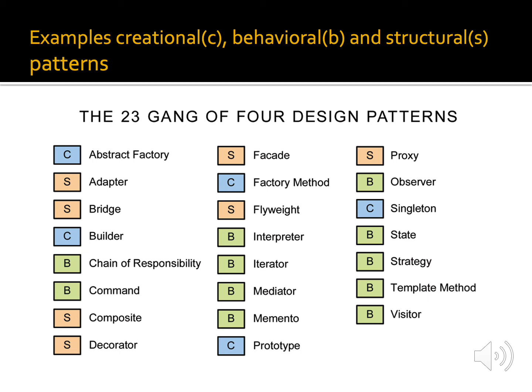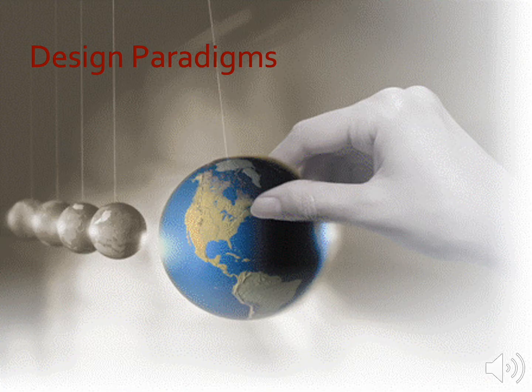If you start reading their names, they are so taken from the real world that you can get an initial idea of what these patterns are about and what they are doing. We will learn these patterns one by one in this subject. Next, we will take a quick overview of the design paradigms.